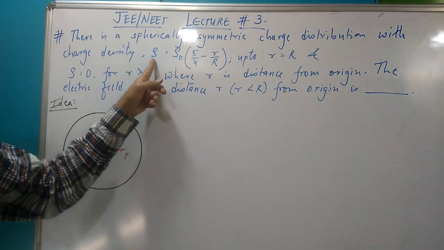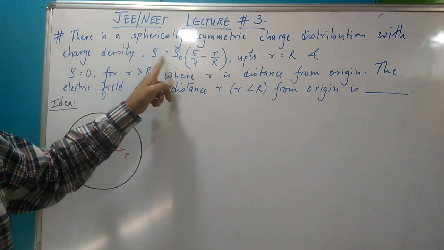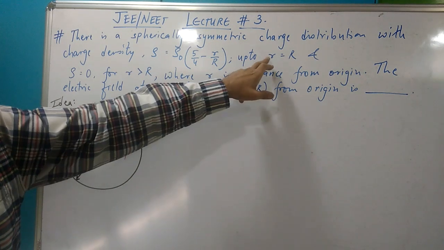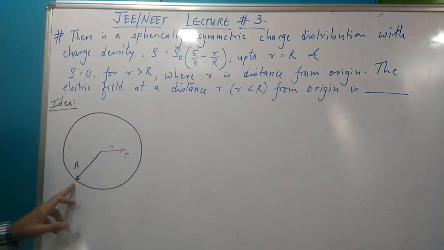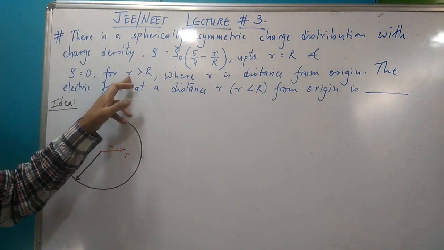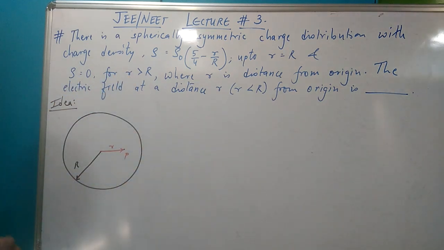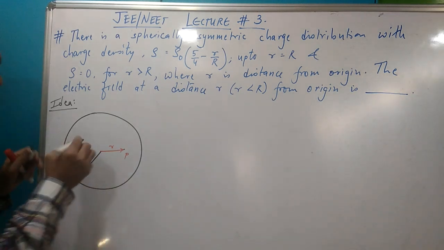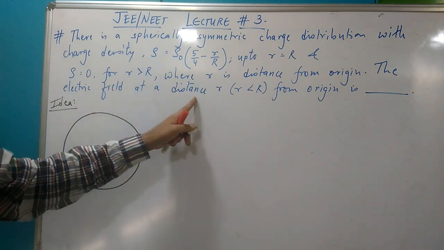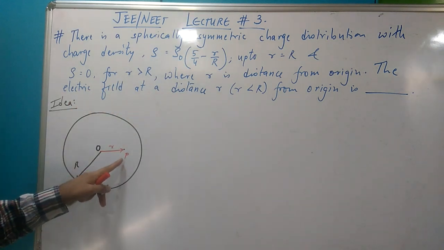They have given us the volume charge density, which is rho is equal to rho 0 into (5/4 minus small r by big R). This is up to the surface, and outside the surface charge density is 0, indicating there is nothing outside the surface. r is the distance from this center O. This is the origin. The electric field at a distance small r from the origin.